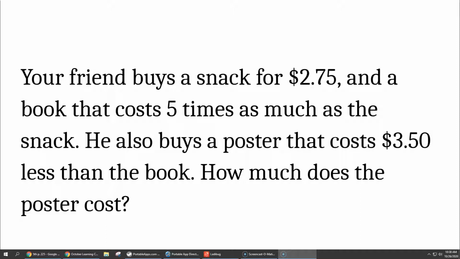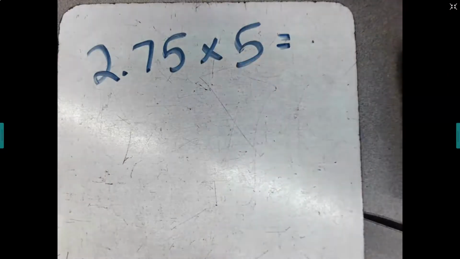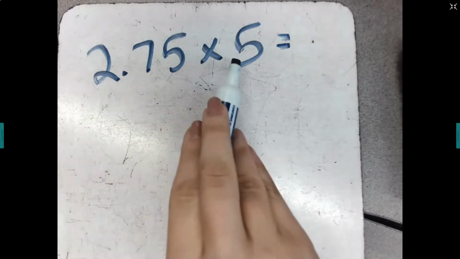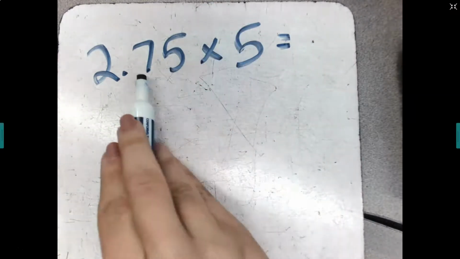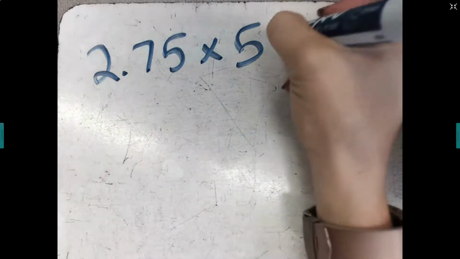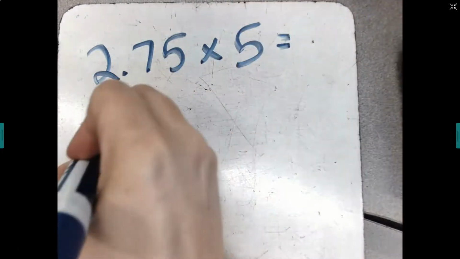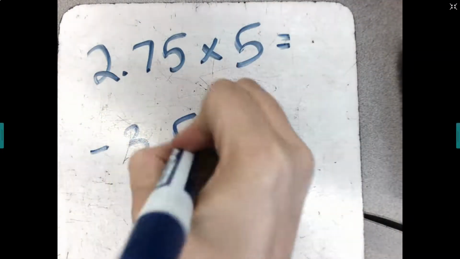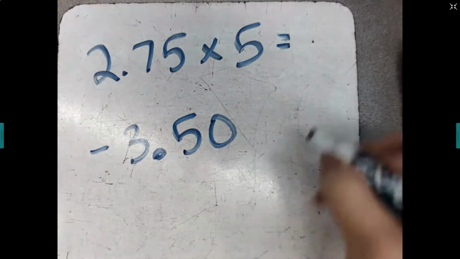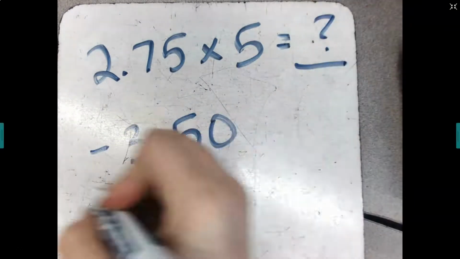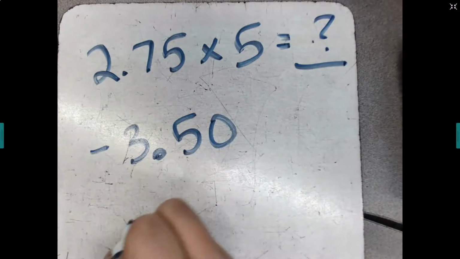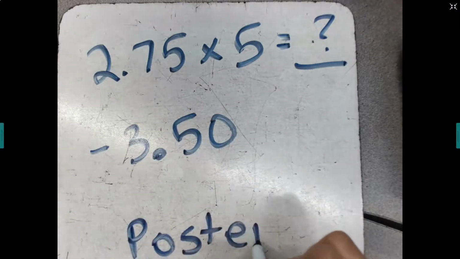So we're going to figure out the book cost, and then we can figure out the poster cost from that. Okay, so in order to find the cost of the book, since it says that the book costs 5 times as much, you can figure it out this way, and then the poster costs $3.50 less. So whatever we get here, we'll be subtracting $3.50 to get the cost of the poster.